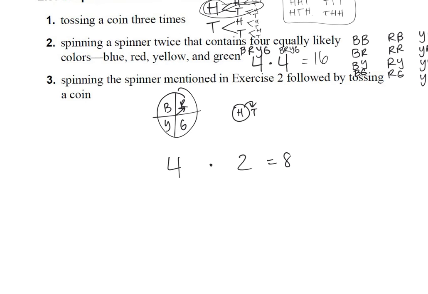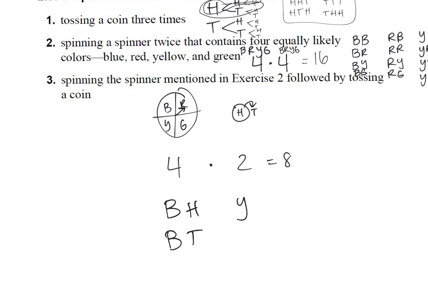Now let's calculate them, okay? Let's say we spun blue the first time. What else could go with blue? We could spin blue and do what? Flip heads. We could also spin blue and flip what? Tails. What if we spun yellow? If we spun yellow, could we flip heads or tails?